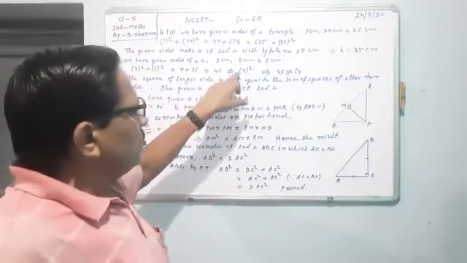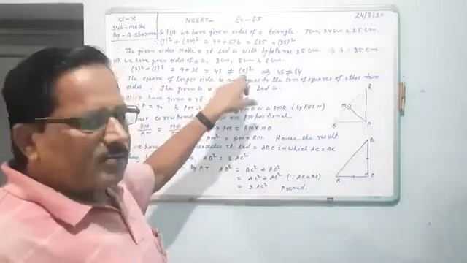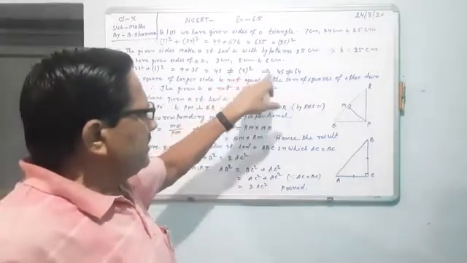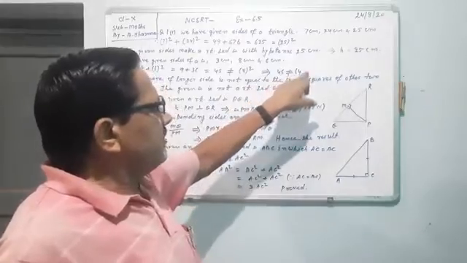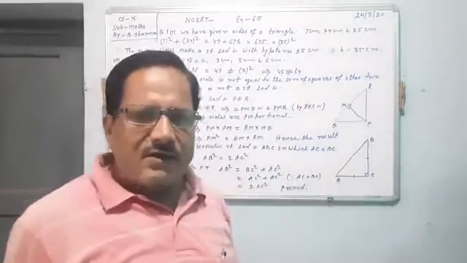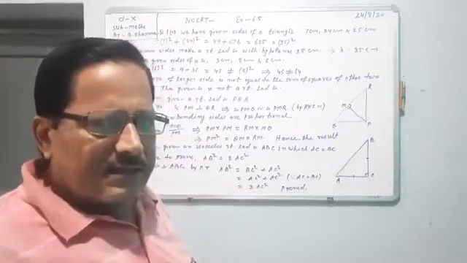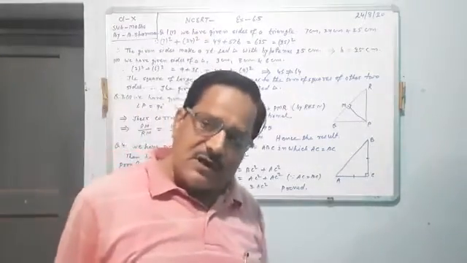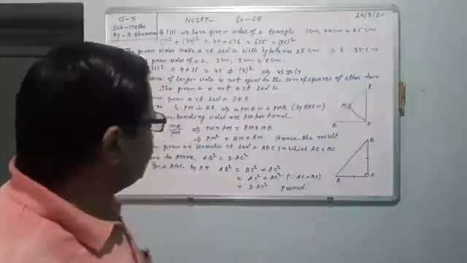That is not equal to 8 square, the largest side of the triangle. Hence 45 does not equal 64 and these are not the sides of a right angle triangle. It forms a triangle but not a right angle triangle.